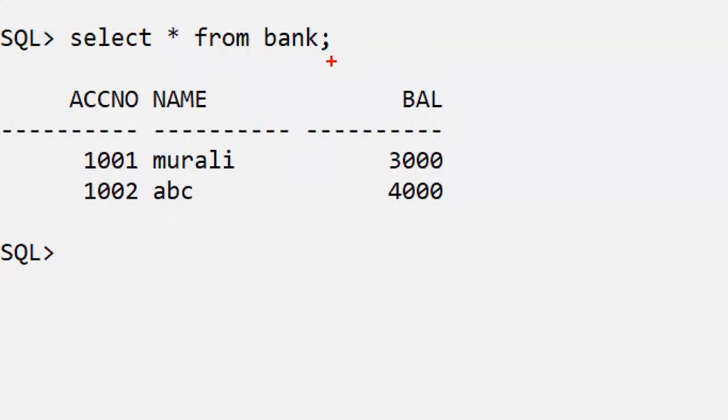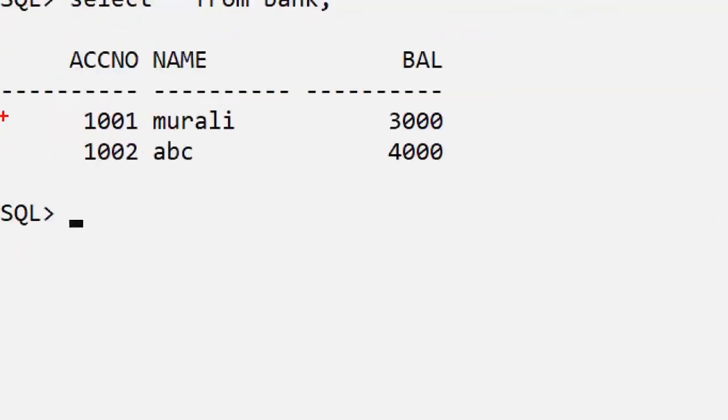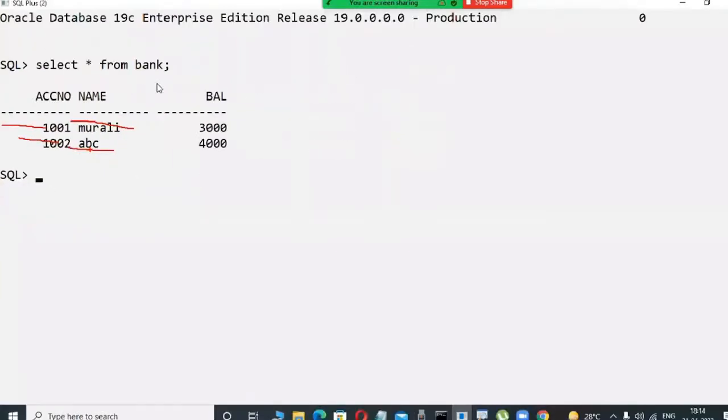Suppose this is SBI bank, and this is its data. Observe here, these are columns: account number, name, and balance. These are called columns. Here 1001 and so on, these are called rows or data.